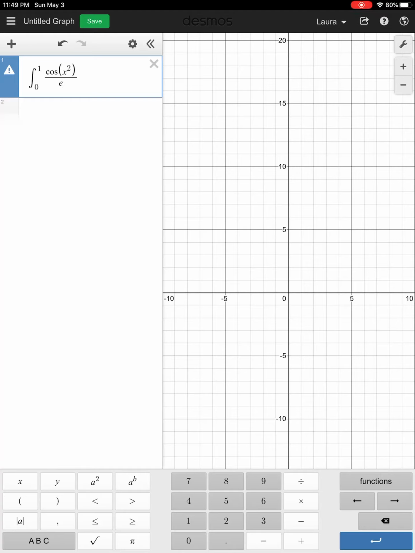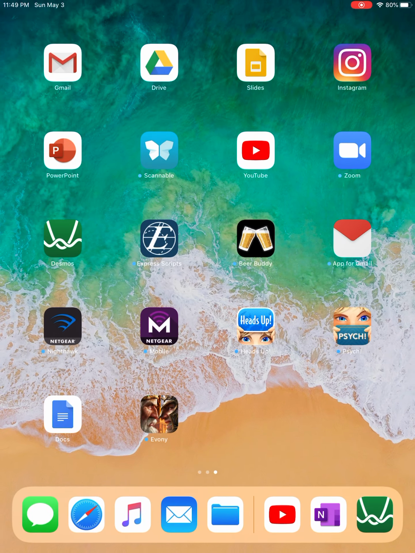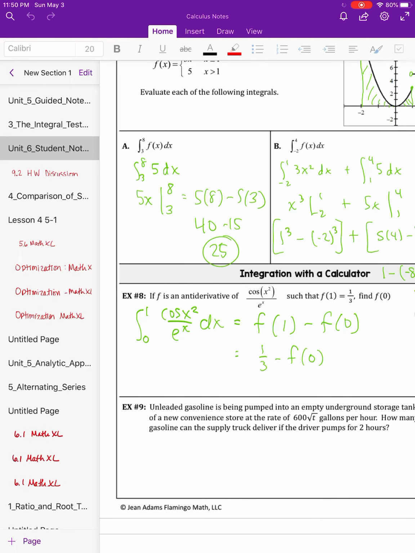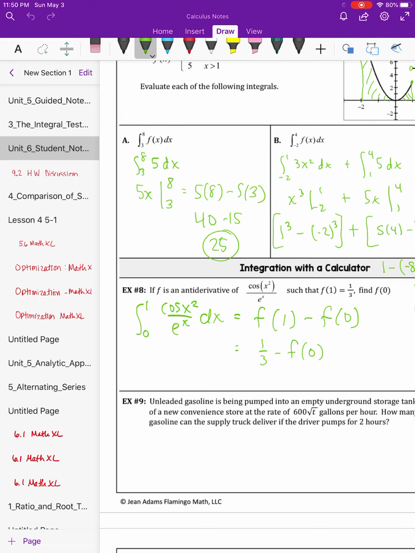I don't know if they have an e to the x here, exponential to the x. I don't know if that's right. e to the x. And then we go to here and do dx. Okay, so that's what I got on my paper also, 0.59005.